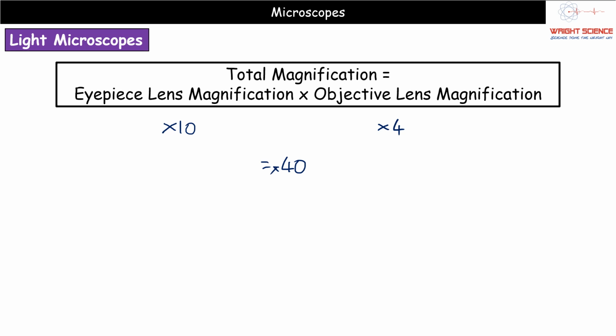It's that straightforward to do. If they gave you a total magnification and said that it was times 100 as the total and the eyepiece was times 10, then all we would do is 100 divided by the 10, which gives you times 10 for your objective. So really straightforward to use that calculation just to get the total magnification from those two types of lens we use.